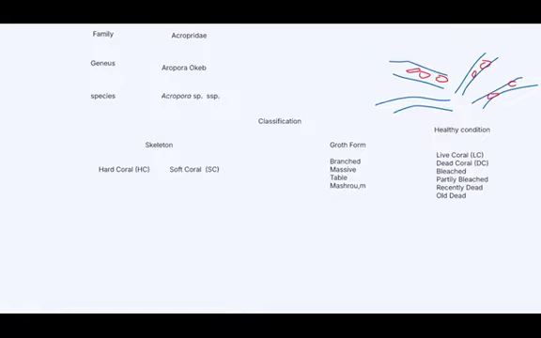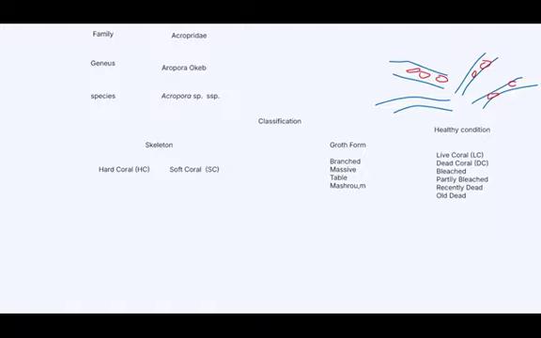So we can start counting, oh, we have a number, this is hard coral, 1, this is soft coral, 1, this is hard coral, so we have 2. And we count on our slate underwater. And during our counting, this is hard coral 1, but this is branched. So I can have branched, massive, table, mushroom, whatever we have.